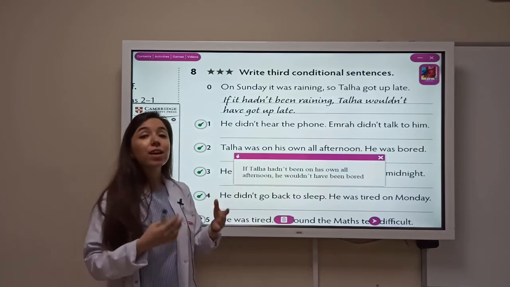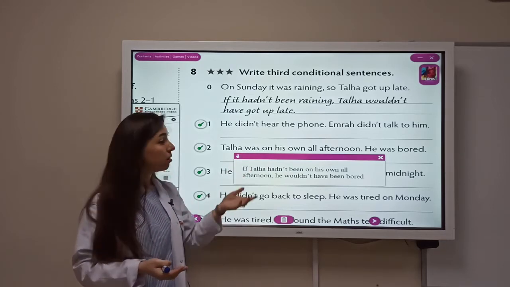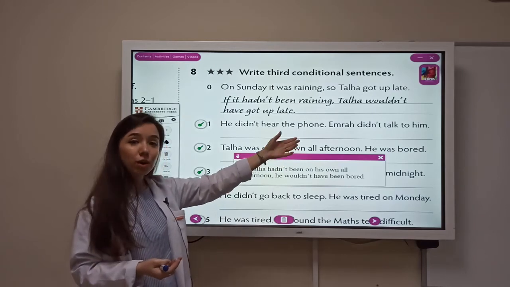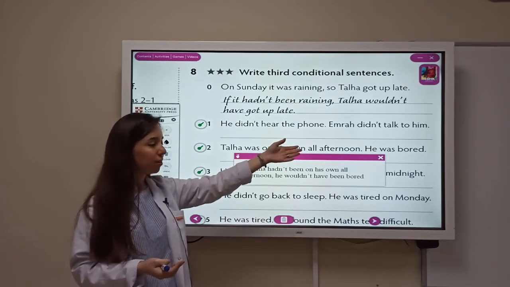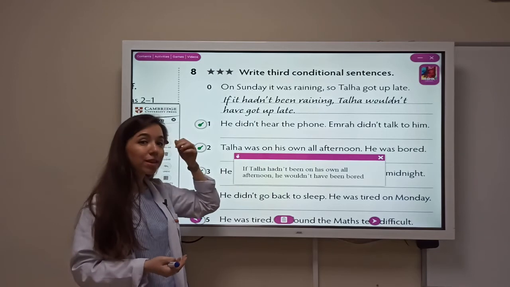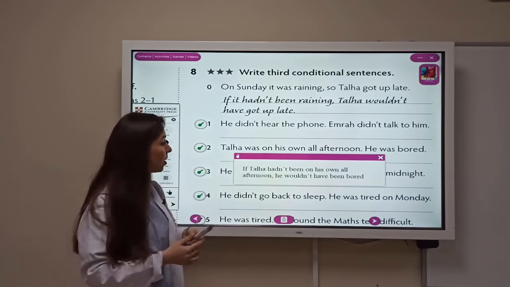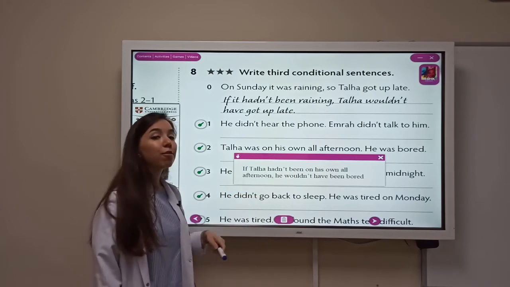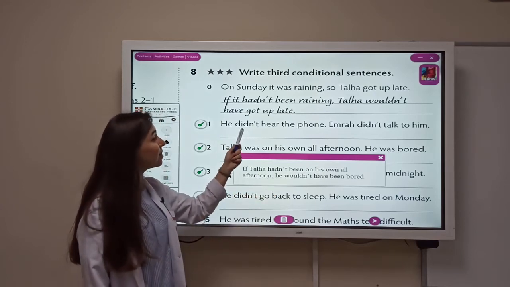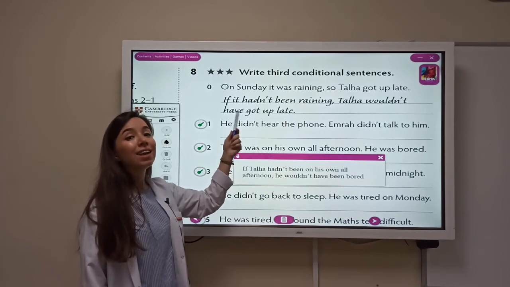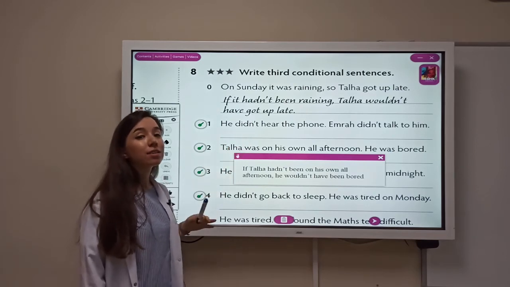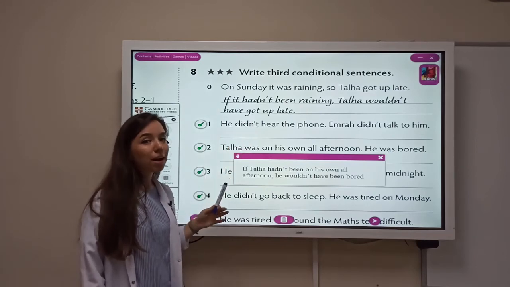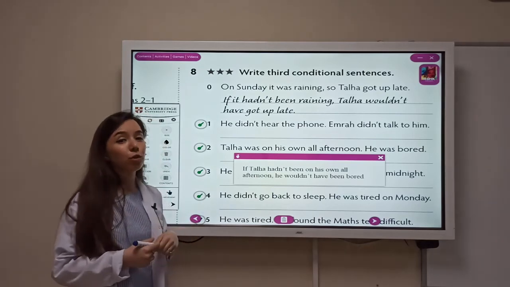Why? Because if something like this happened, he wasn't bored. So we are just imagining. If Talha hadn't been on his own all afternoon, he wouldn't have been bored. But because the sentences here started with negative form, we write the third conditional sentences in the positive. So please be careful about these things.